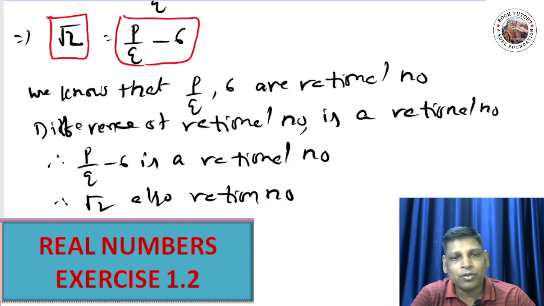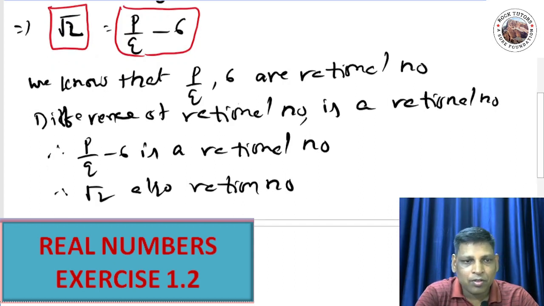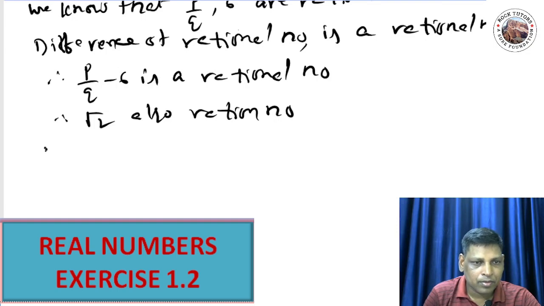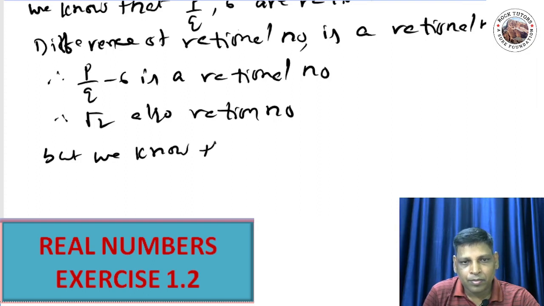But we know that root 2 is an irrational number.